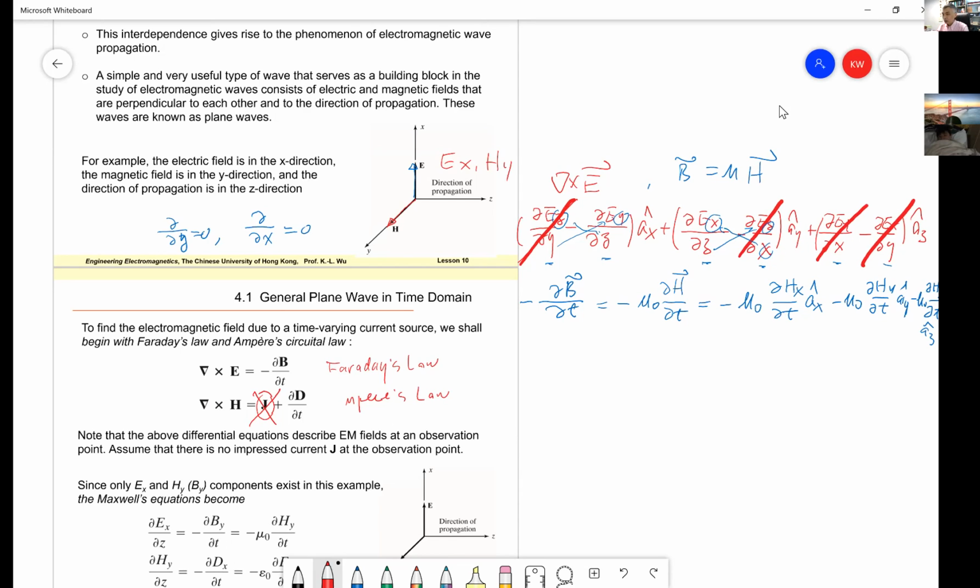So we only have a few elements left, right? Let's say the electrical field only has an x component. That means this term should remain, right?